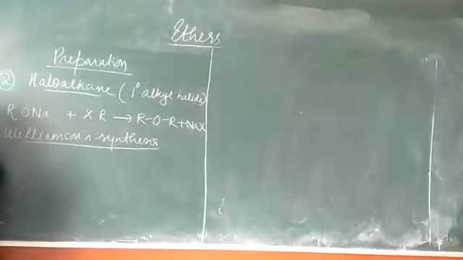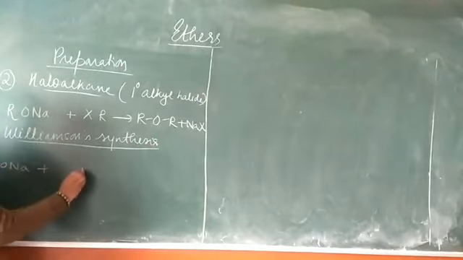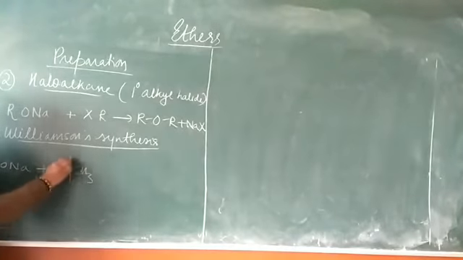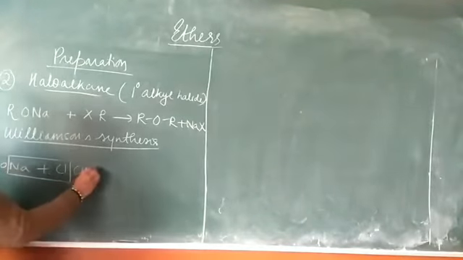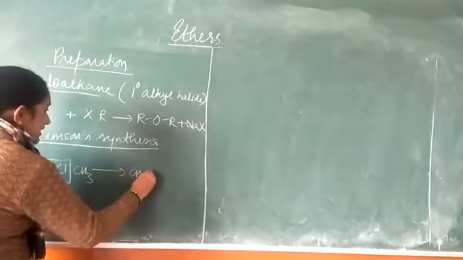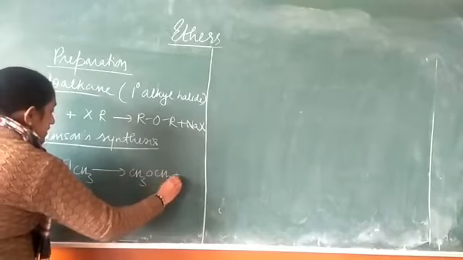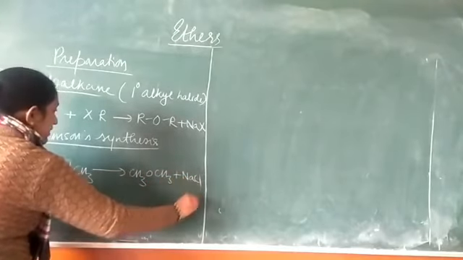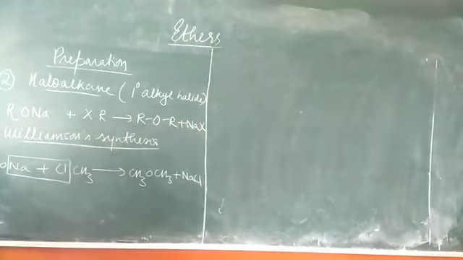So if you have CH3ONa plus CH3Cl, the product formed will be CH3OCH3 plus NaCl, right?